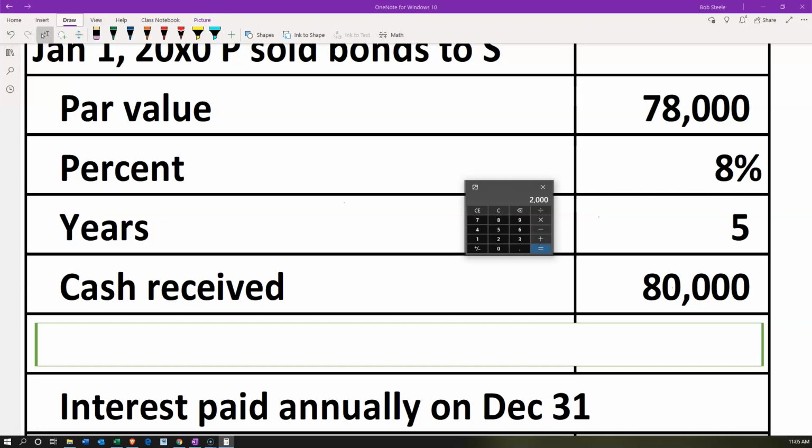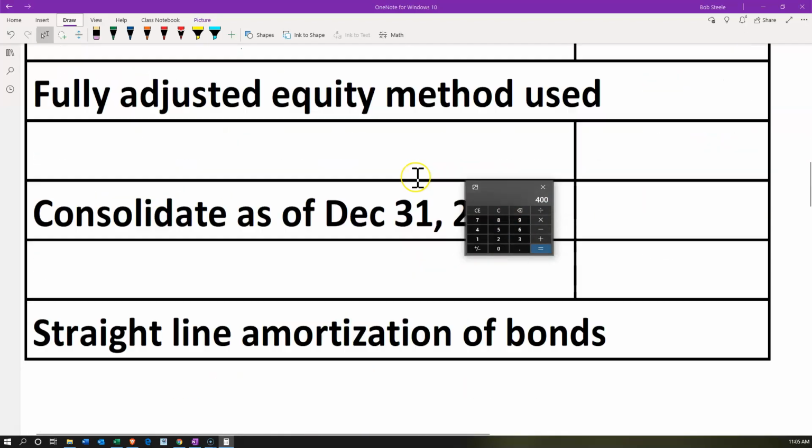Then we're going to divide that by the number of periods. Now, there's 5 years. 5 years is not always the number of periods if there's something other than just annual interest payments, like semi-annual or something, which is also common. But here they are annual payments. Therefore, there's only 5 periods. So we're going to take that and divide it by 5. So there we have it, and there's the 400.